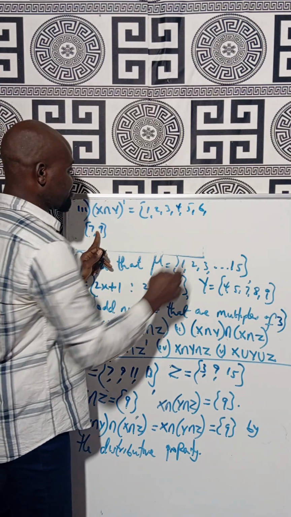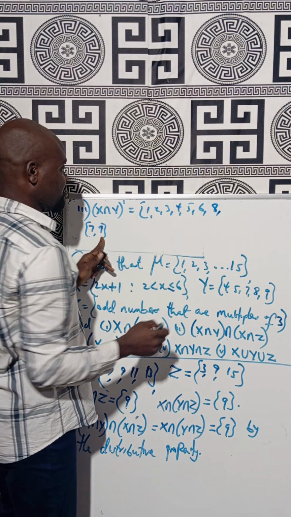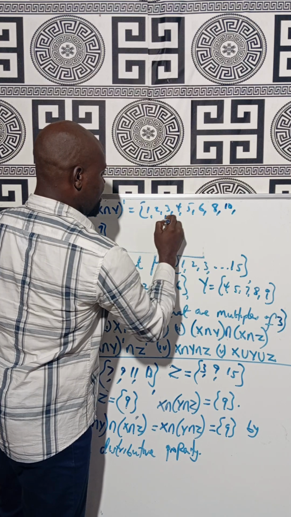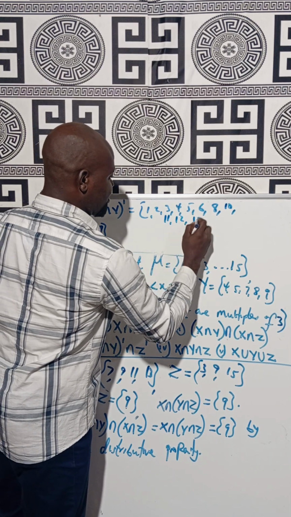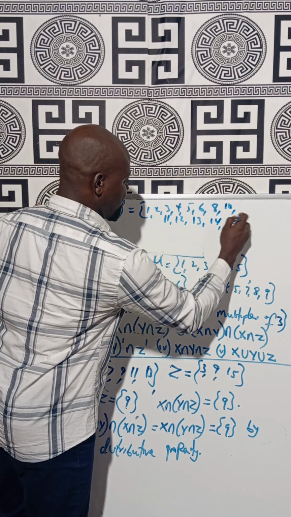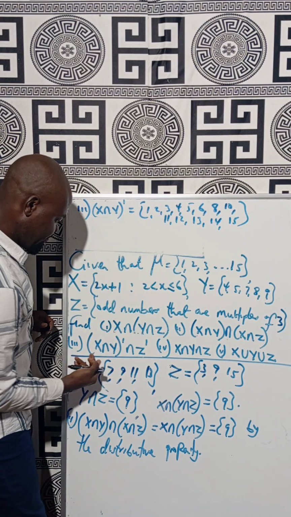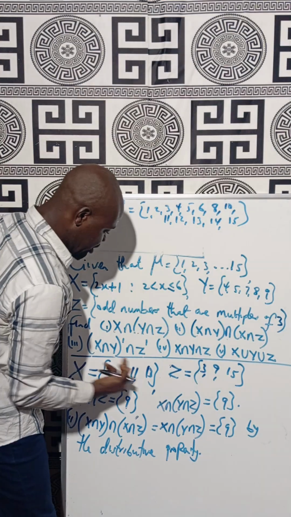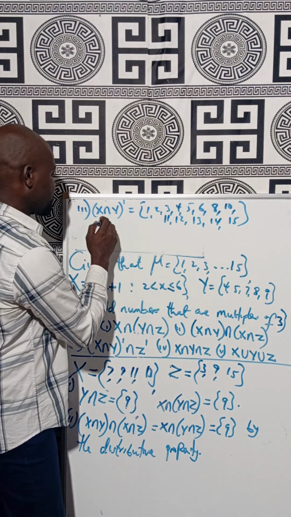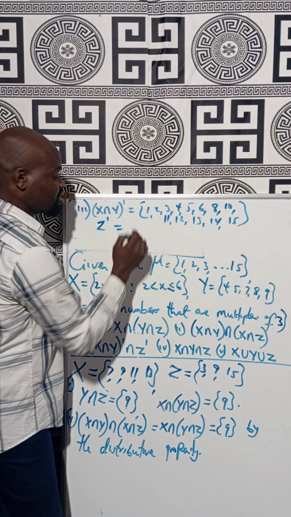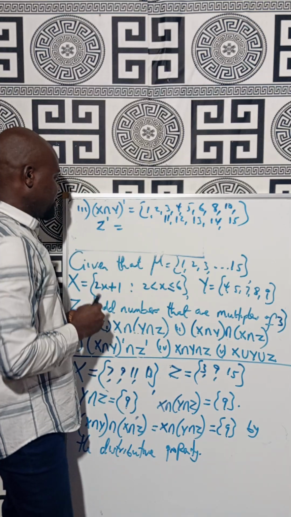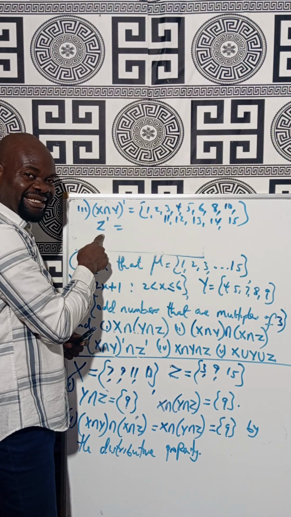Exclude 7, then write your 8, exclude your 9, so we have 10, 11, 12, 13, 14, and that's my first one here. So the remaining second one is Z prime. So let's find out Z complement. Like I told you, prime means what you cannot see in that Z. Where is Z?